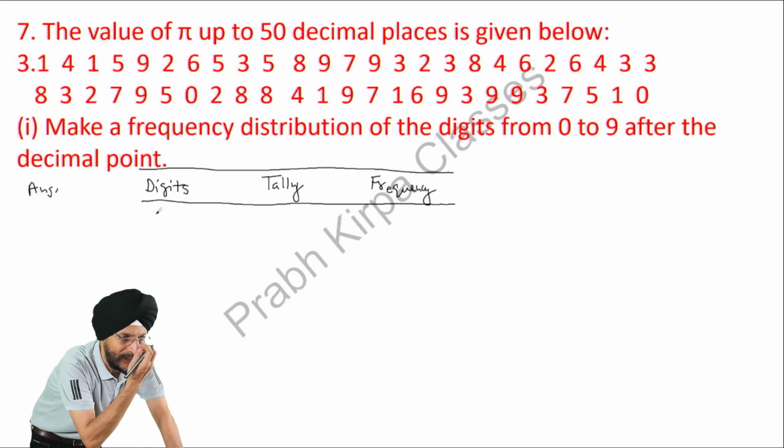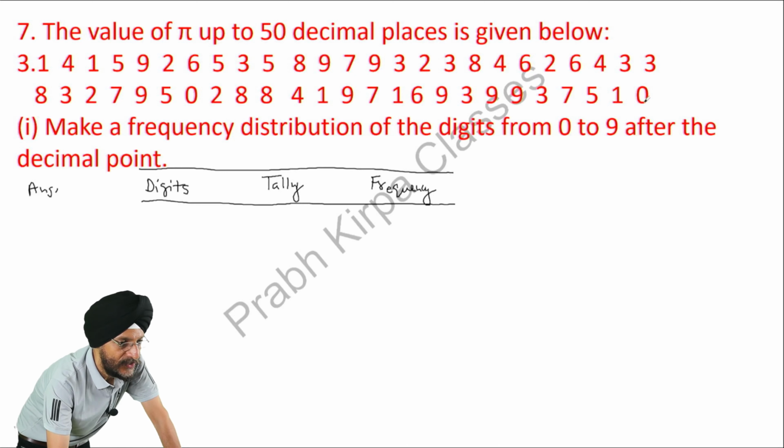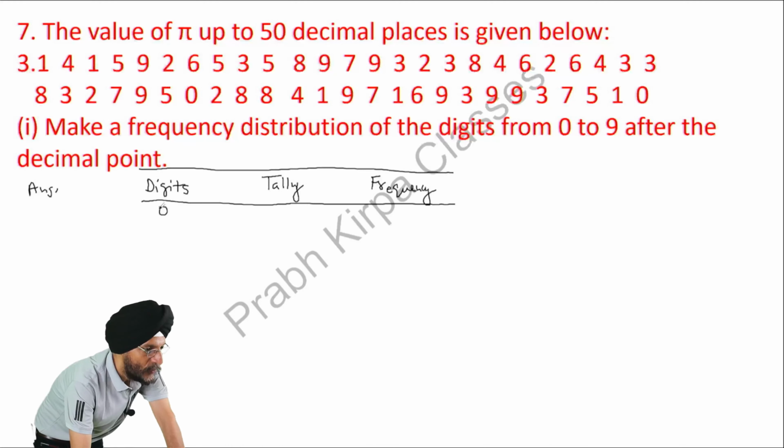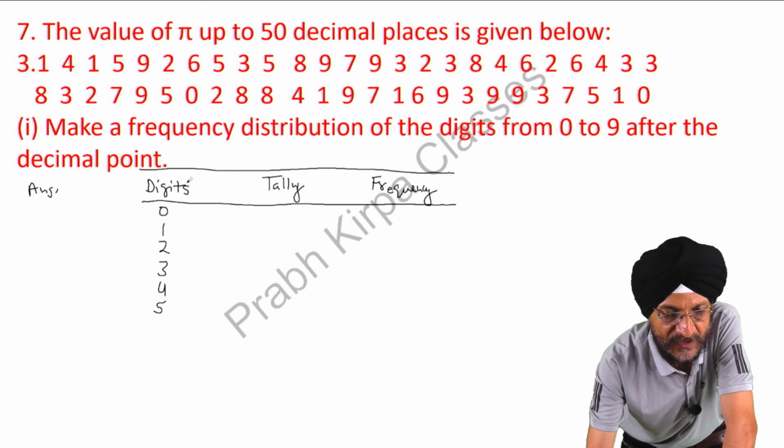So what will be the digits? Digits will be this 1, 4, these all. So we will start from 0. 0, 1 is there, 2 is there. Whether 3 is there? Yes, 3 is there. 4 is there? Yes, 4 is also there. 5 is there? Yes, 5 is there. 6 is there?